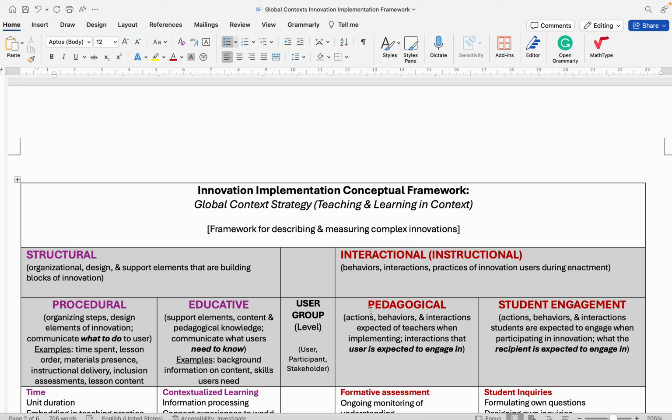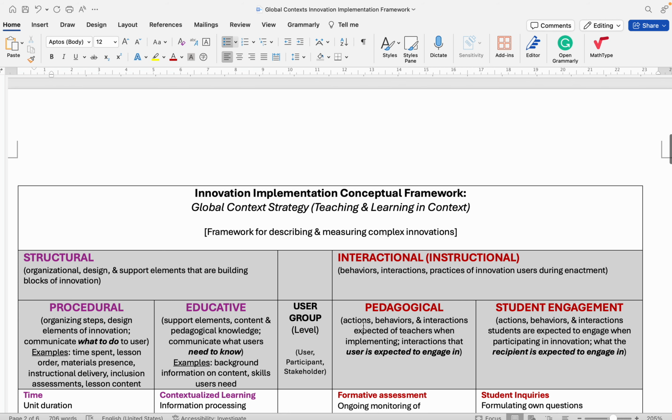A nice example is that you could walk into a class and go through all the steps outlined pedagogically, but if students aren't responding and engaging in the way that's intended, then the innovation is not going to be enacted or have the desired effect.